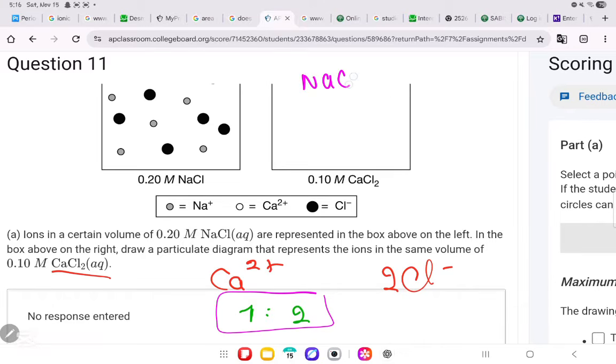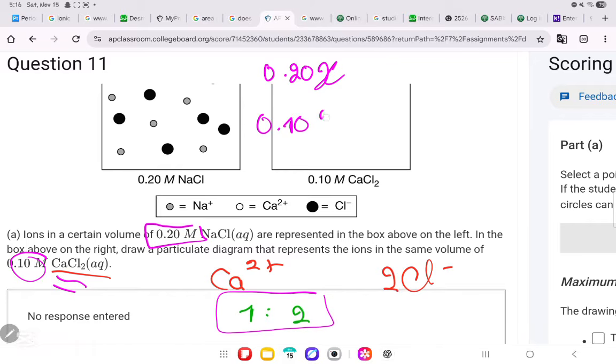First of all, we know that the number of moles of NaCl is basically how many particles I have in the box, okay? Now, they told us that the concentration of NaCl was 0.20 and the volume, we're going to call it X. For us, now the CaCl2, what we're going to draw, the concentration is 0.10.